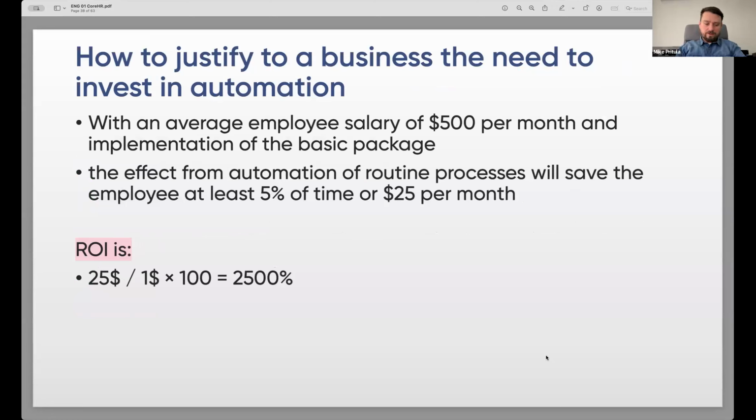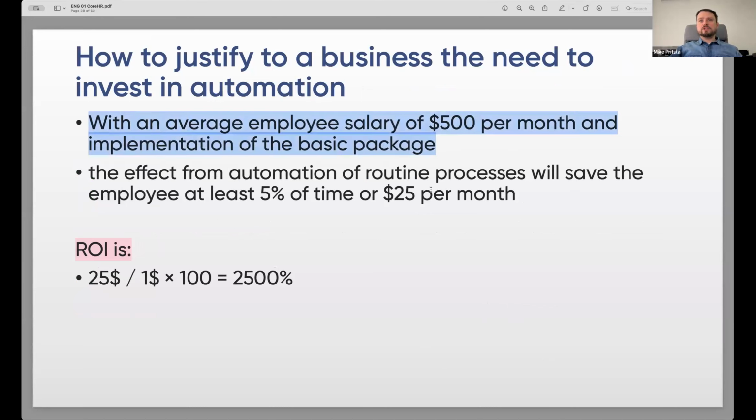Then, how to justify to the business the need to invest in automation. With an average employee salary, I think this is like the lowest, $500 per month, and implementation of the basic package.